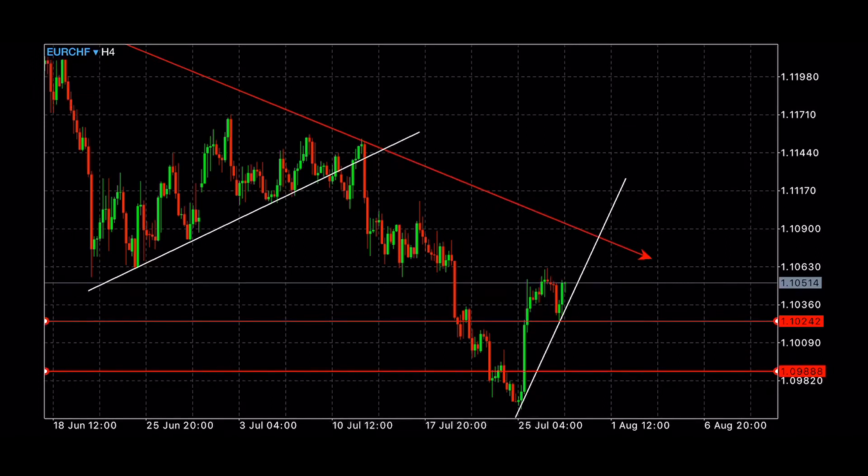So you're executing a sell stop at 1.10242, and the TP for that sell stop is 1.0988.